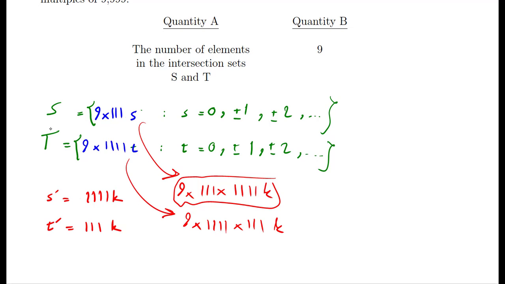So for any value of k, there are infinitely many integers belonging to both S and T. So the intersection of S and T has an infinite amount of numbers. So A is bigger and the choice is A.